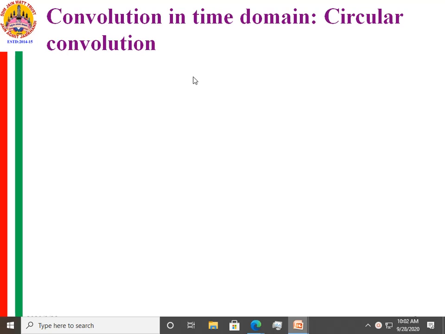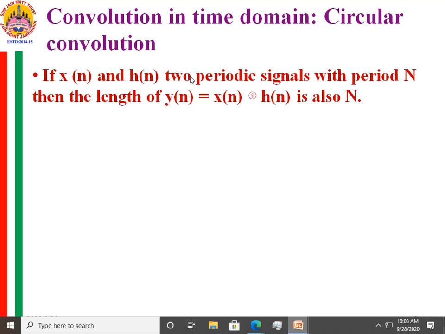circularly in time domain. That is the two signals which are periodic in nature and they have the period equal to capital N, then their convolution is also periodic in nature and the length of convolution will be equal to the length of the period of the signals and the output signal is also periodic with the same period.